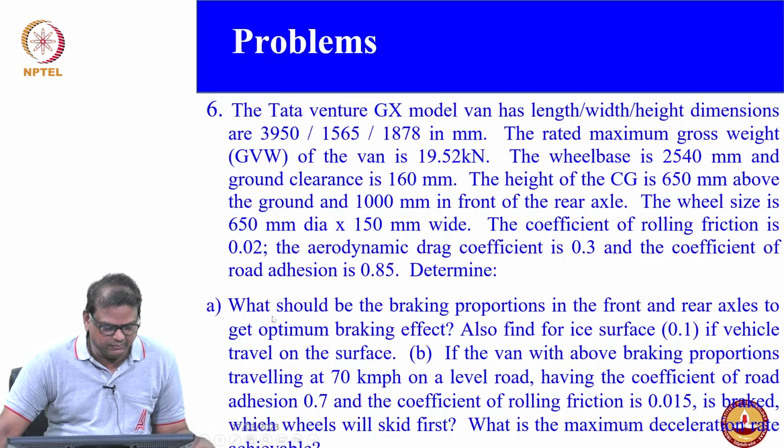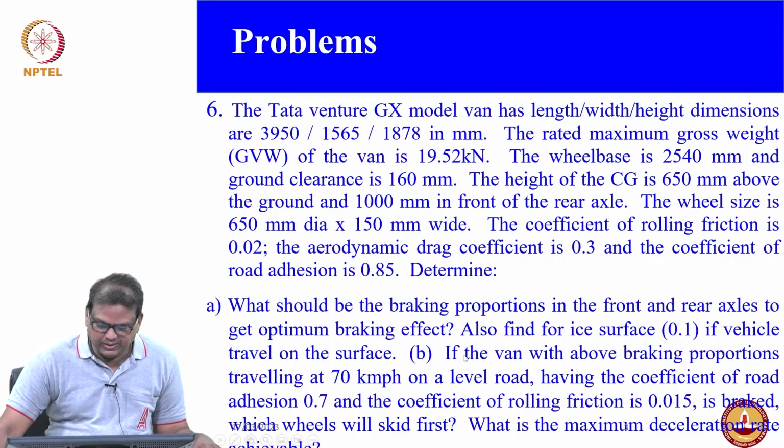Determine A: What should be the braking proportion in the front and rear axle to get optimum braking effect? That is question number 1. Then also find the braking proportion for an icy surface where mu s equals 0.1, if the vehicle travels on the same surface.